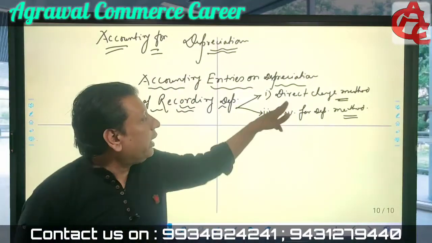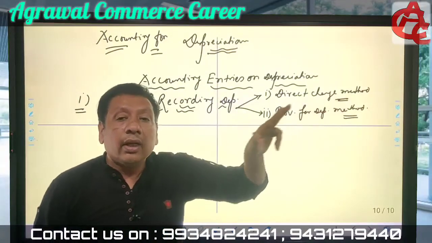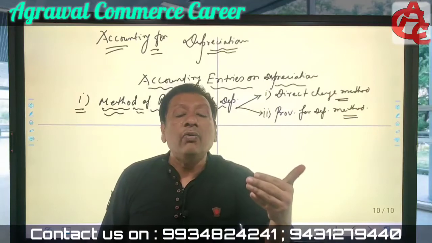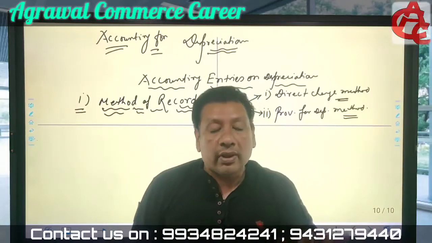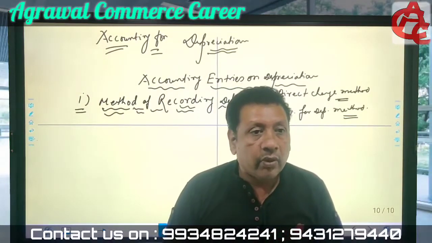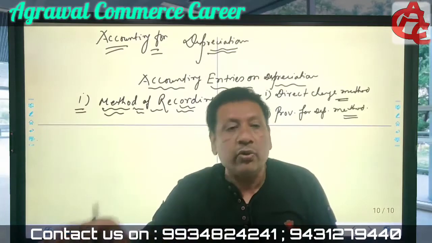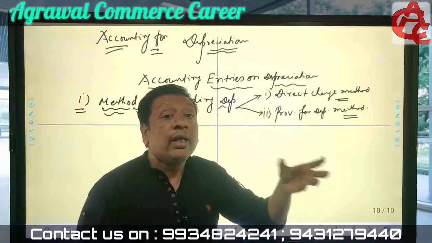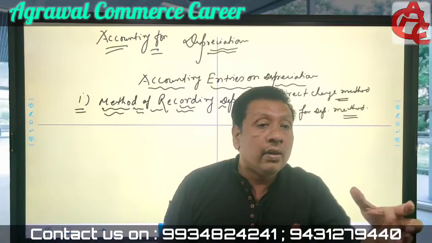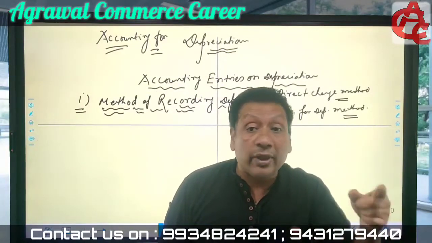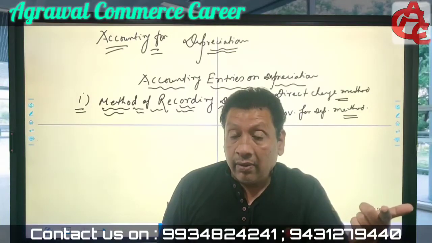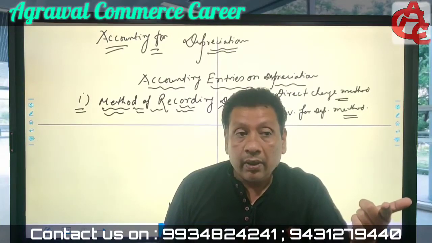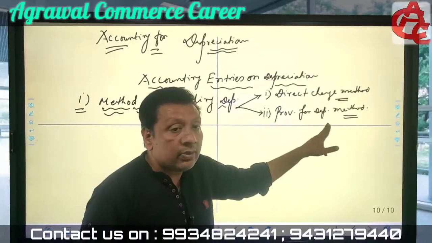Under the first method, the direct charge method, each and every year the amount of depreciation is credited directly to the assets account. But under the second method, the provision for depreciation method, each year's depreciation is not credited to the assets account. So entries may differ under these two methods.